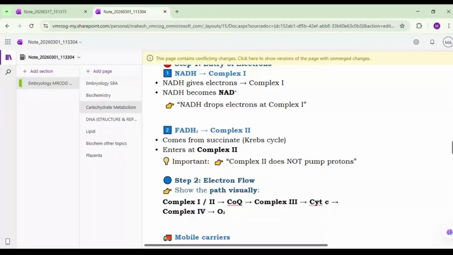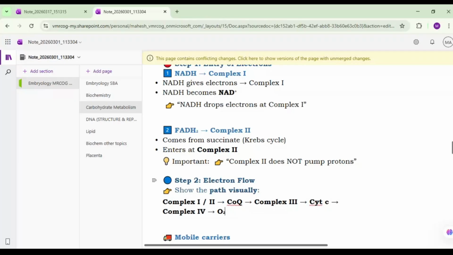Before this, at complex 1 the NADH gives the electron, and at complex 2 the FADH2 gives the electron. At complex 1, 4 protons are pumped out; at complex 2, no protons are pumped out. Then the CoQ shuttle transports these electrons from complex 1 and complex 2 to complex 3. Then via cytochrome C they go to complex 4, where 2 protons are pumped out, and the final electrons are accepted by oxygen.